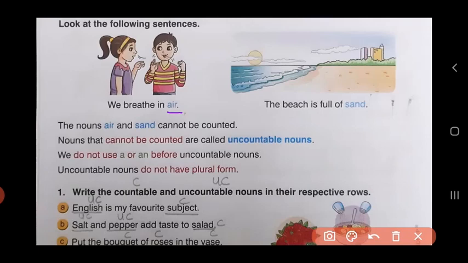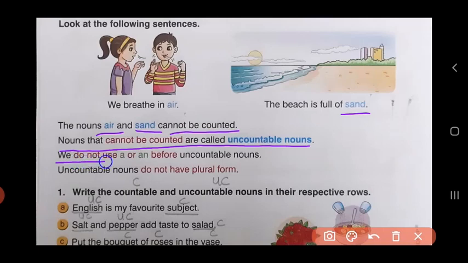Next sentence. The beach is full of sand. Sand is your noun. And again, sand cannot be counted. So the nouns over here, air and sand, both cannot be counted. And nouns that cannot be counted are called uncountable nouns.